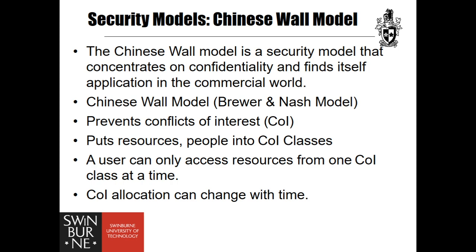It was founded by Brewer and Nash. Basically, it prevents conflict of interest, putting resources and people into COI classes. The user can only access resources from one COI class at a time. COI allocation can change with time.